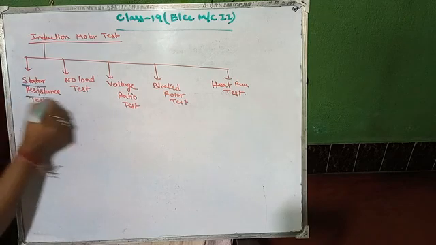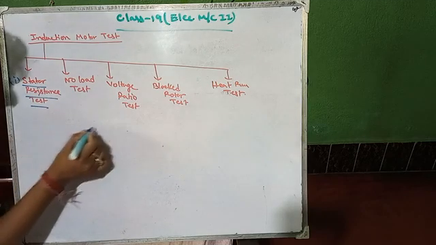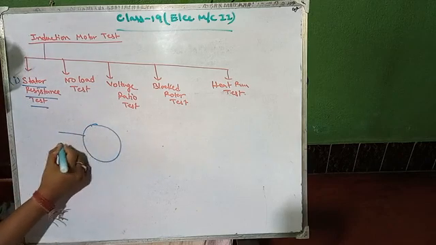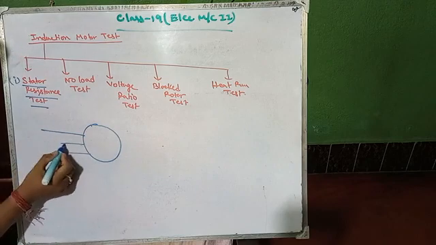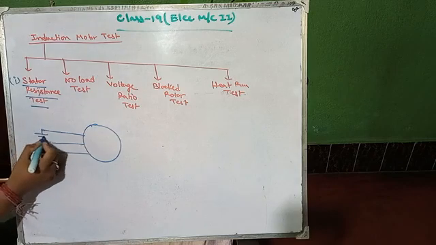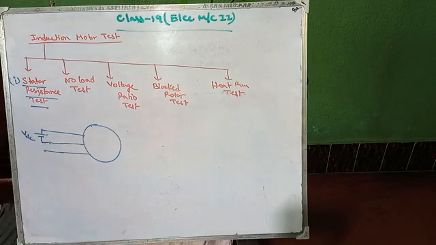Make a heading, stator resistance test. DC supply is given to the 2 phases of the 3-phase input conductors. If we consider the stator of a 3-phase induction motor, in between any 2 phases of the given inputs we have to put a DC source, VDC.